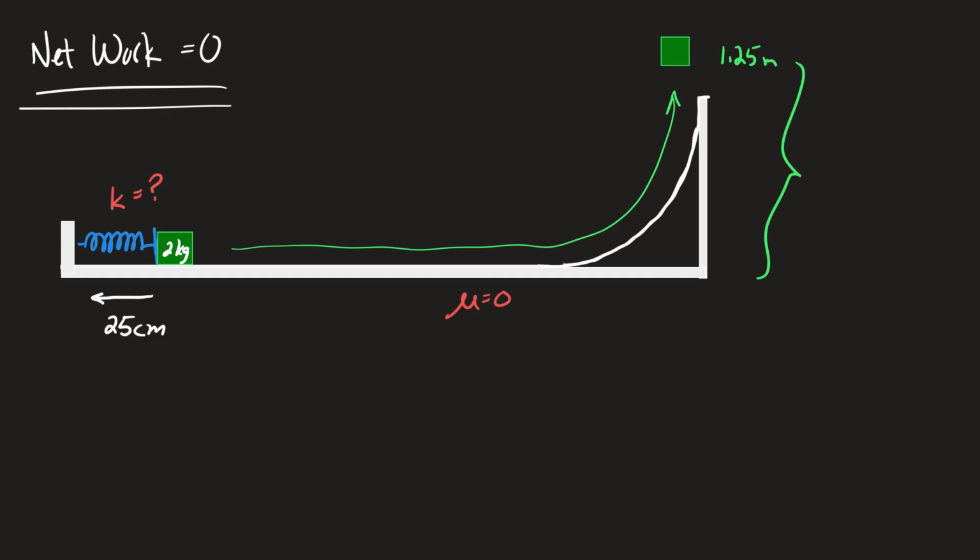The third thing, it involves the comparison of two different states, an initial state and a final state. Those are three big clues that you're going to use conservation of energy. Again, thing number one, a spring is involved. Thing number two, you're measuring something's height. Thing number three, you're going to be comparing two states.